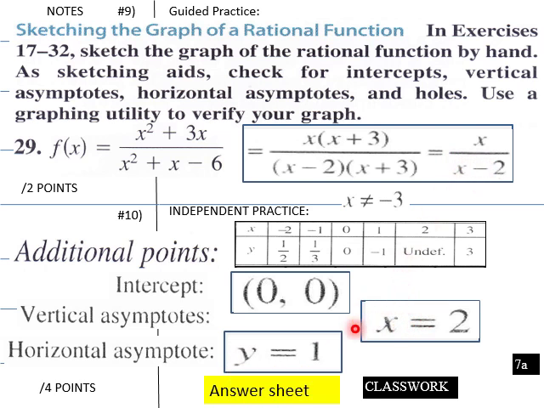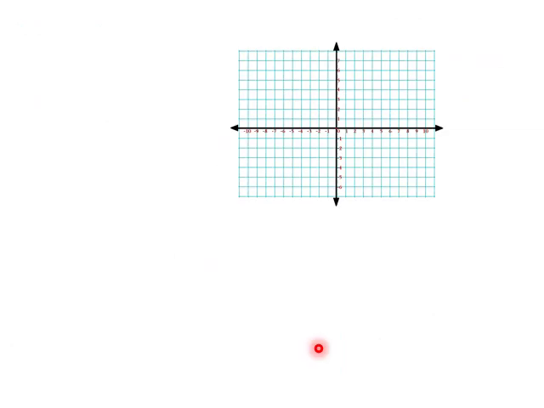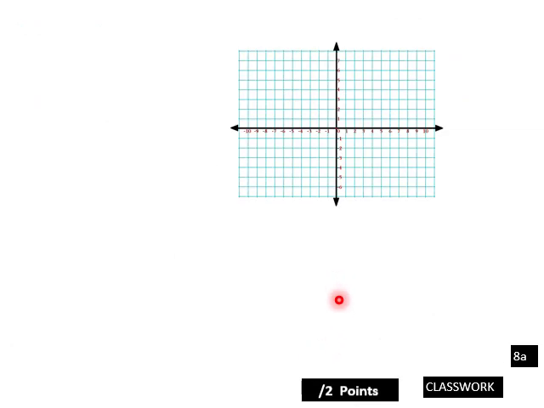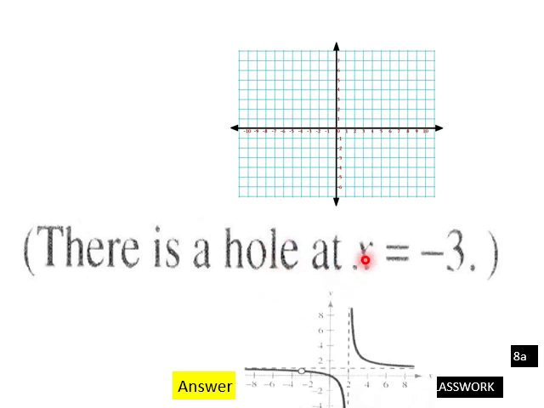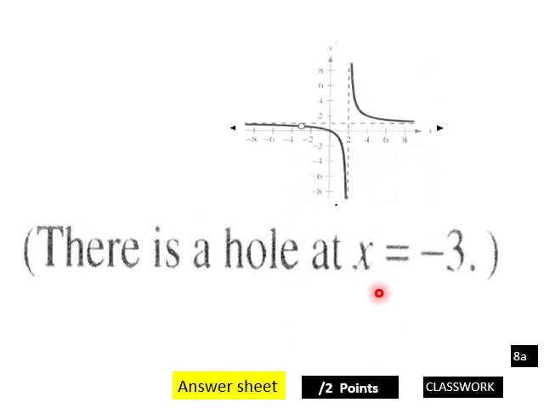And then a horizontal asymptote is y equals 1, because this is the same degree as that, and the coefficient of this is positive 1. So your horizontal asymptote is y equals 1. So what would that graph look like? They want you to graph these as well. There is a hole at x equals negative 3. So negative 3 would be about over here.